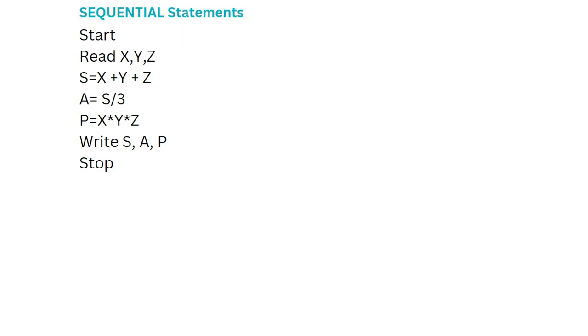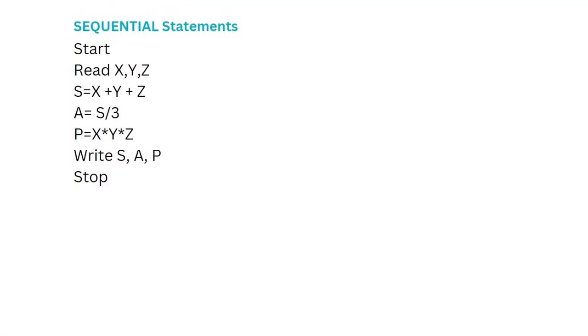So start, we know, is a terminator, right? We use a terminator here. Read is an input output, so I'll use I/O, which means input output. We see an equal sign here, we're doing some calculation, so this is a process.